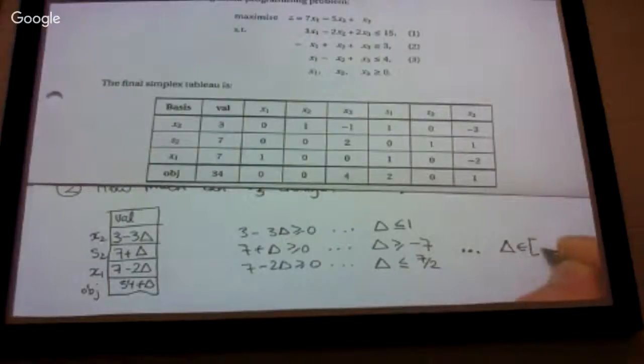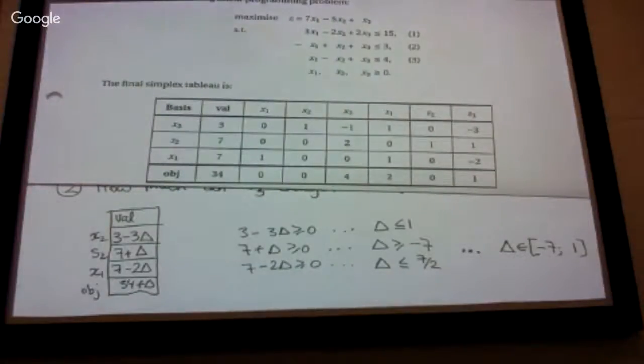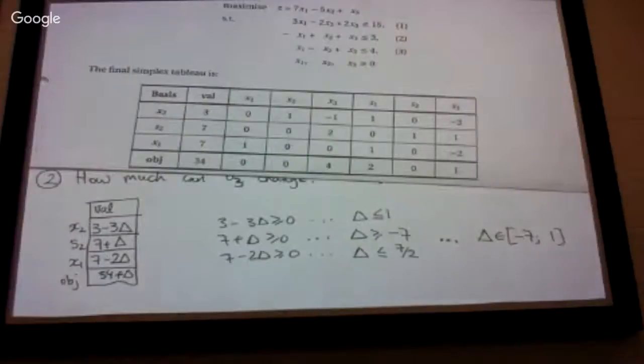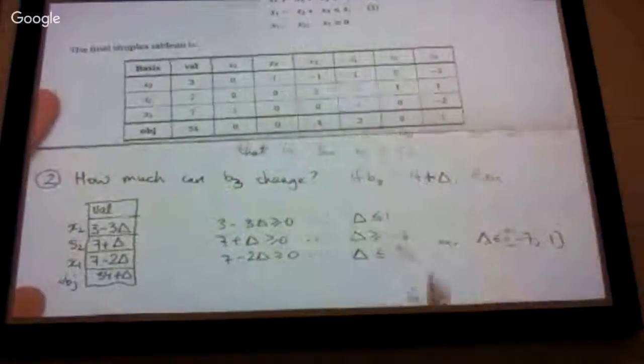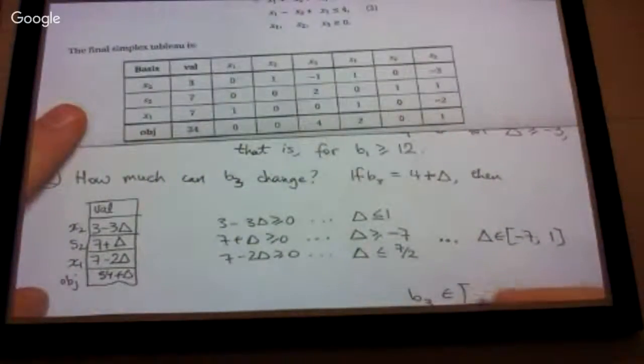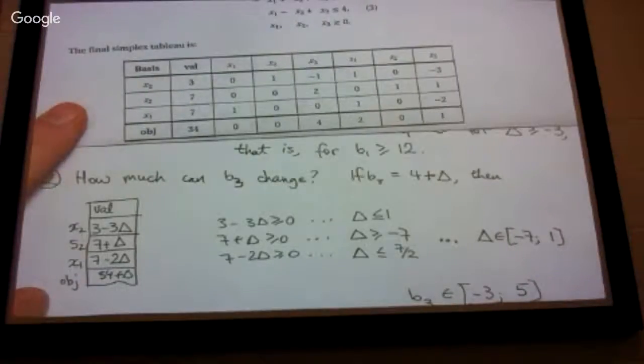So what does that give me? It gives me delta between minus 7 and 1. Which means that B3 is, well, what was B3 again? B3 is 4 plus delta, so B3 is between minus 3 and 5. That's kind of the answer.